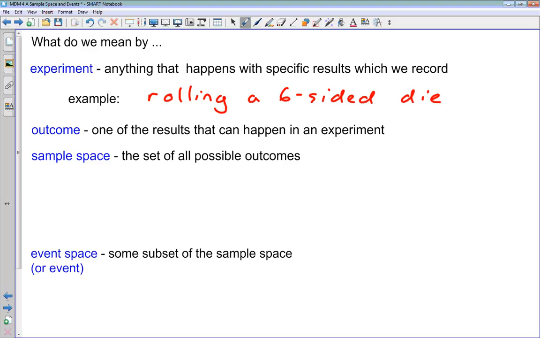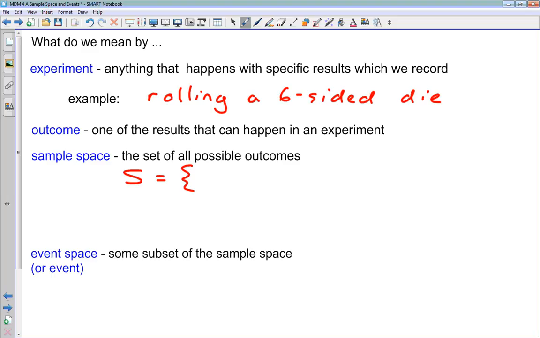We are going to talk a lot about the sample space. Okay? And the sample space is the set of all of the possible outcomes that can occur for our experiment. So we usually denote the sample space with the capital letter S. It's a set. So for our example here, what is the set of all outcomes that are in our sample space?